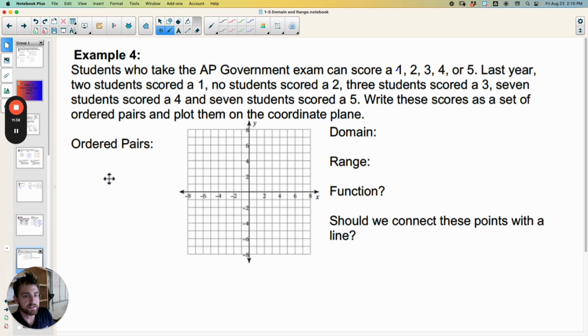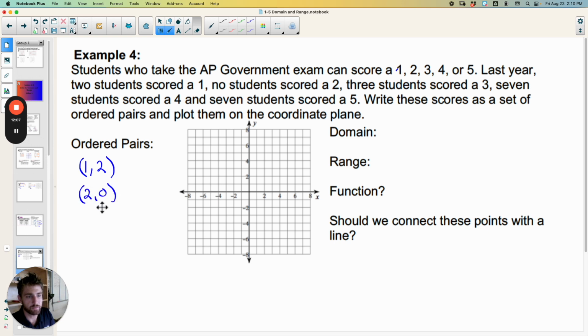So let's list these as our ordered pairs. Last year, 2 students earned a 1. So think about what is the independent variable. The independent variable is actually the score, because that's going to determine how many students earn that. So the independent variable here is 1. So that'll be 1, and we have a total of 2 students that scored a 1. And then no students scored a 2, so we'll say 2, 0.